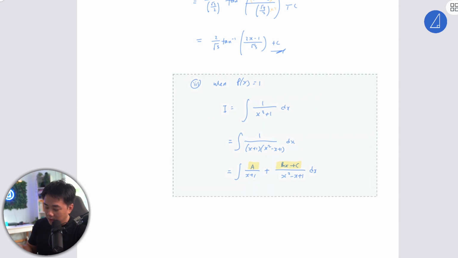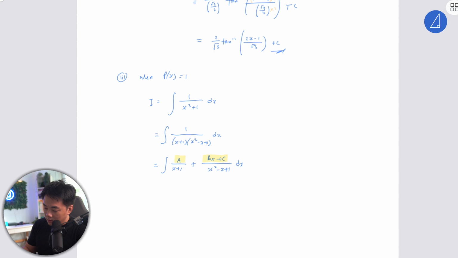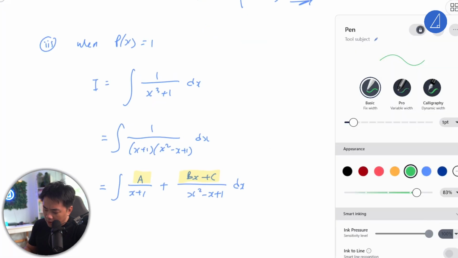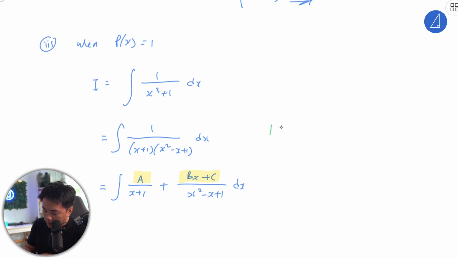Actually, it's just a speed up method. So from here we know that 1 is equal to a times (x squared minus x plus 1) plus (bx plus c) times (x plus 1), making it a common denominator.